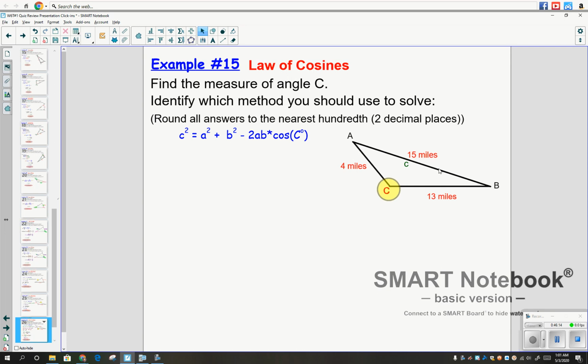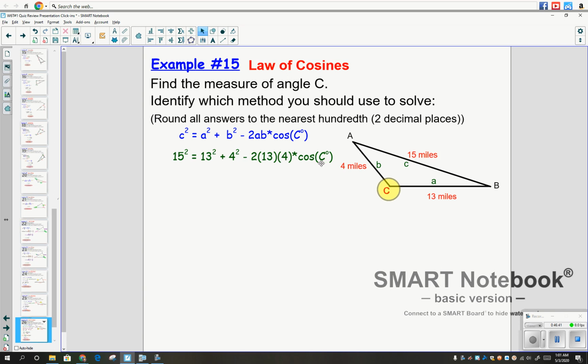In this case, I'm going to let 13, which is across from angle A, be side A. I'm going to let 4, which is across from angle B, be side B. So C squared, 15, equals A squared, which is 13 squared, plus B squared. B is 4 squared, minus 2 times A times B. A is 13, B is 4, times cosine of C.